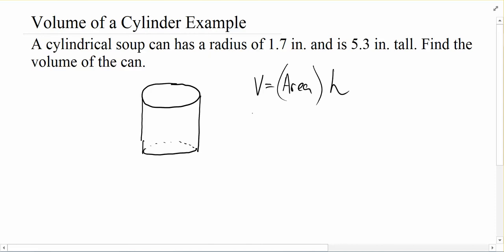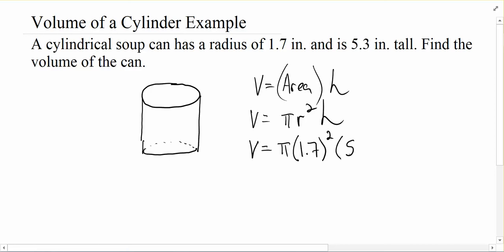Now in this case, the base is a circle. So that's pi r squared. And then the height. So in this case, our radius was 1.7. So we have pi times 1.7 squared. And then our height is 5.3.